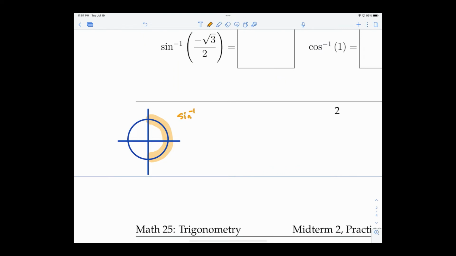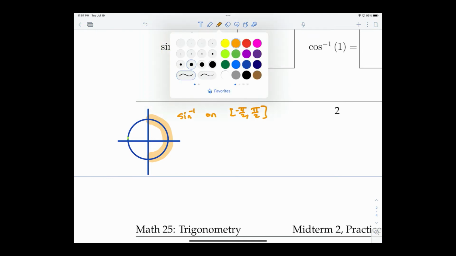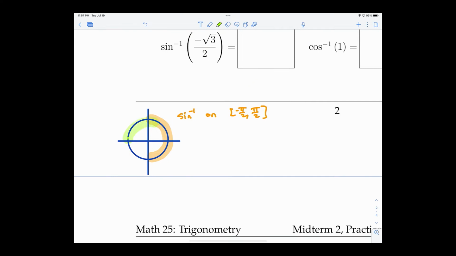Sine inverse was only defined for the section of the unit circle that was negative pi over 2 to positive pi over 2. But the cosine inverse was actually this section of the curve, top half. So in order to do cosine inverse, it was on 0 to pi instead.